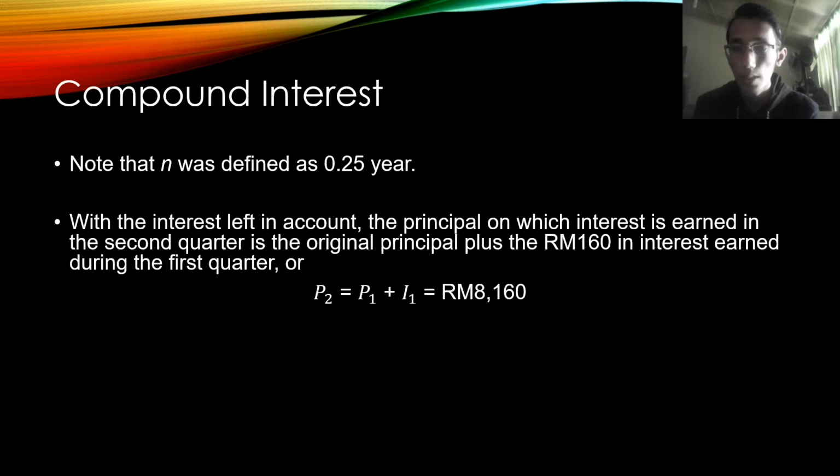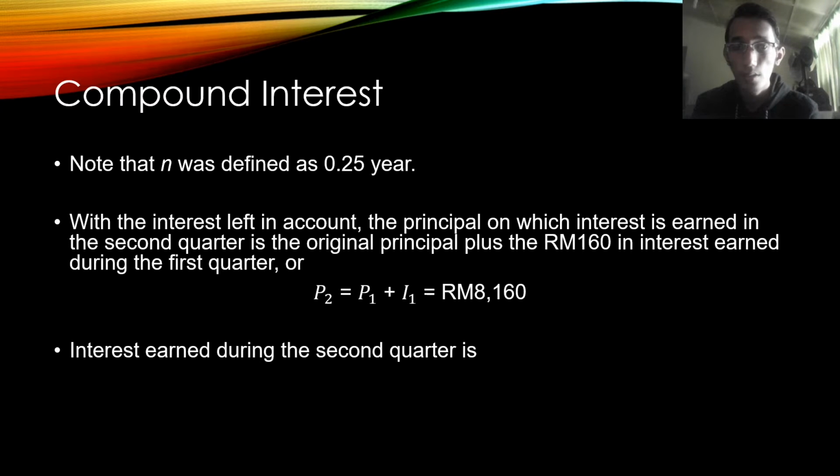We can write it as P2, the principal in the second quarter, equal to P1, the principal in the first quarter, plus I1, the interest in the first quarter, equal to 8,160.